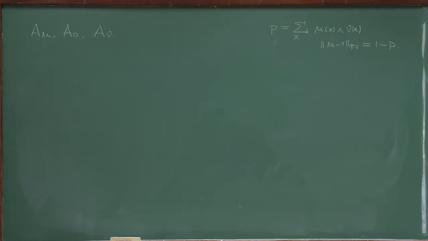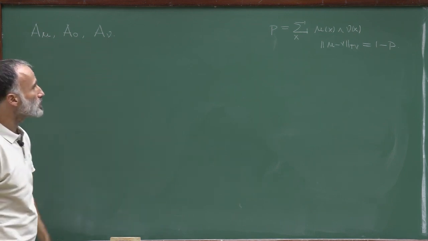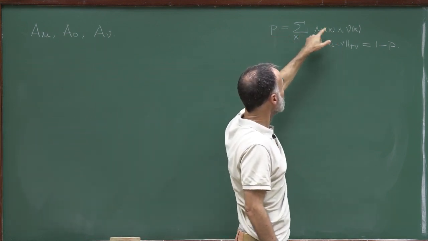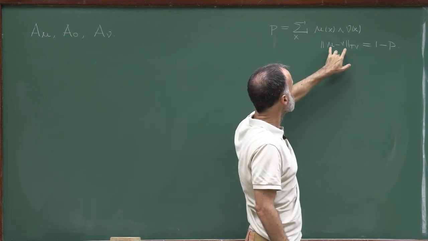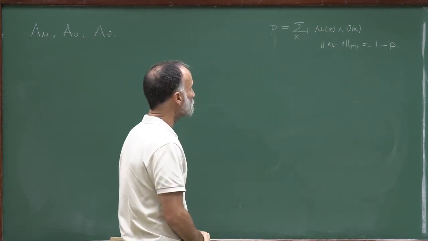So I kept on the board the sets I will need in this proof, in this construction. So A mu, remember, is the points at which mu x is strictly larger than nu x. Here they coincide, and here nu x is larger than mu x. And then I define by p this sum, and we show that the total variation between mu and nu is equal to 1 minus p.